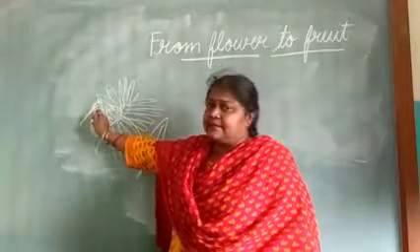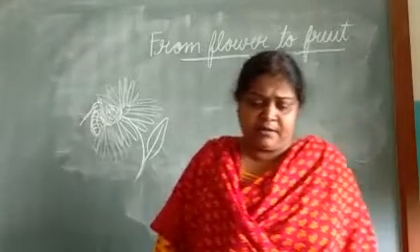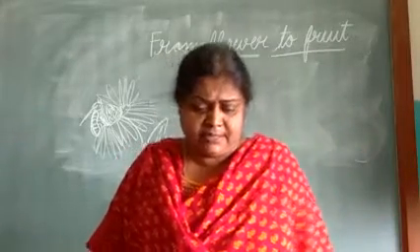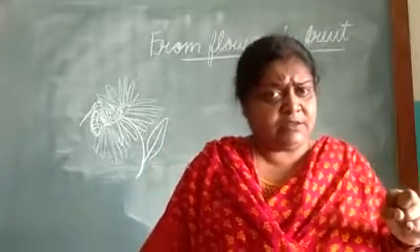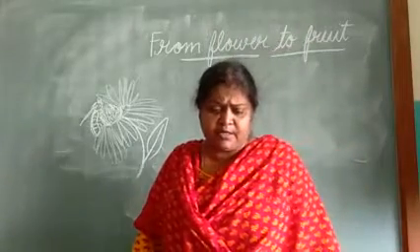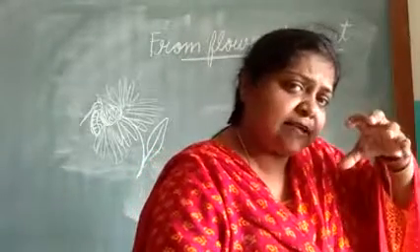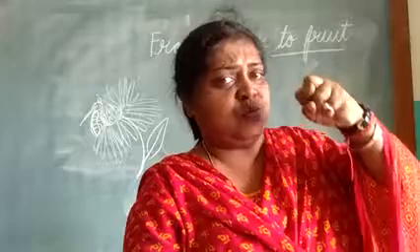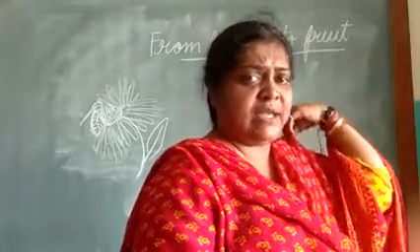So when the bee sits here, what happens on the body of the bee? Some pollen grains stick to the insect's body. The insect carries the pollen grains. After taking the sweet juice, the insect flies away from that flower.